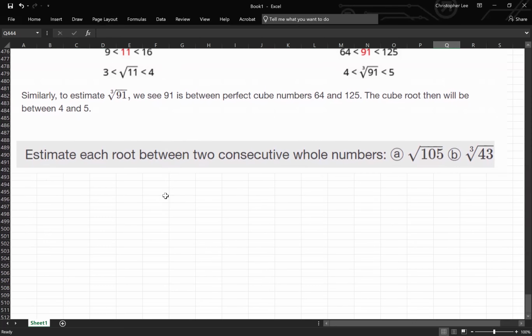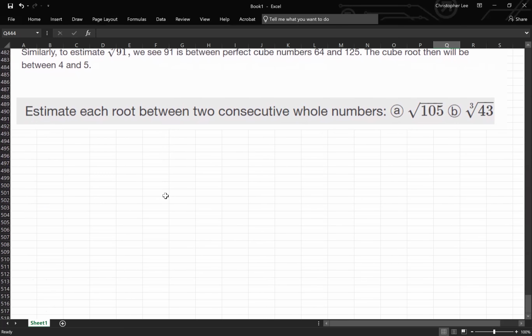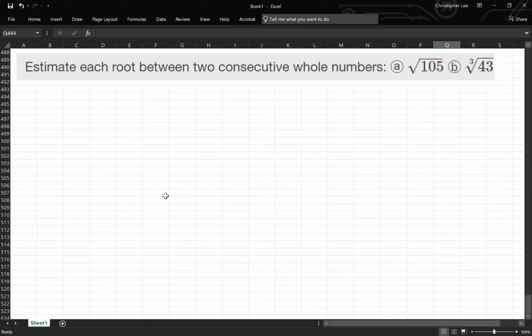So let's try this out. Real simple. This is for A: square root of 105. Now, again, I'm looking at the radicand. I know that 100 is a perfect square.